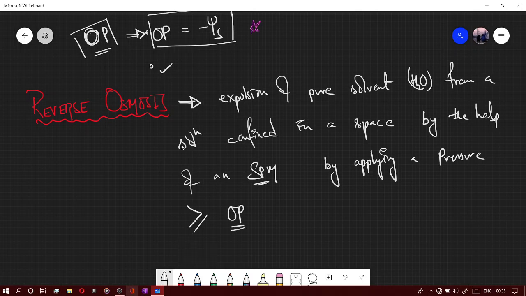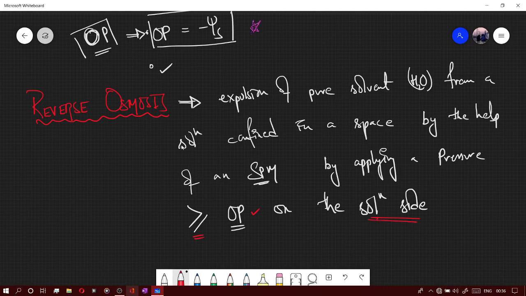So from this statement, what do we come to know? That I didn't write that: osmotic pressure on the solution side. As I've said, greater than or equal to. Osmotic pressure is the minimum pressure, and with which side?